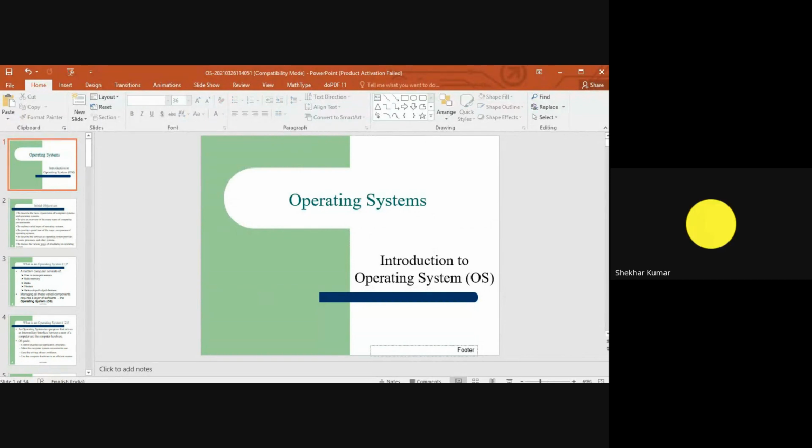Now we will discuss operating system. It is one of the important topics. In the further semester, you will read a complete book, a complete subject, on operating system. So operating system is a very important topic and a very important subject in your further course.